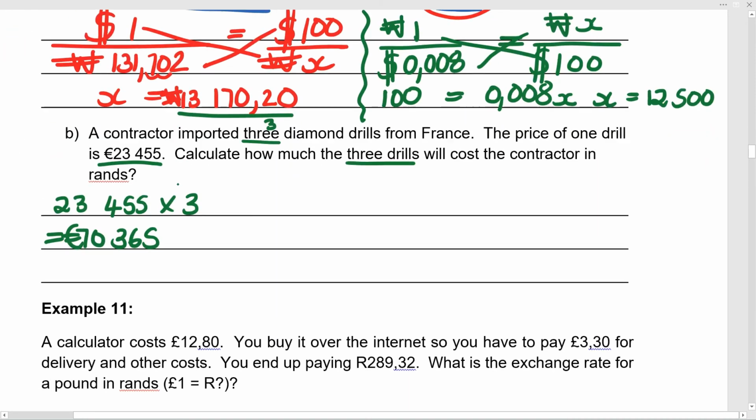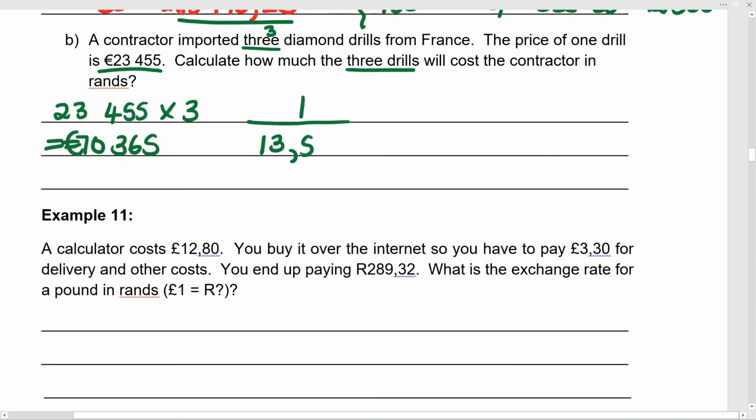So I'm going to write that as a fraction. 1 euro gives me 13.539. I'm now going to equate it to the amount that I've got in euros, and I'm going to have my rands as the question mark.